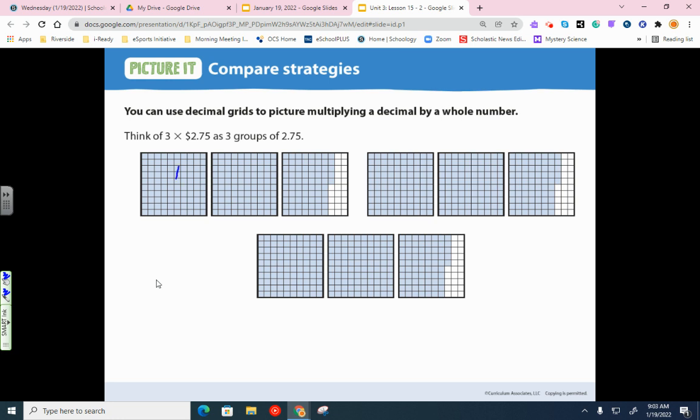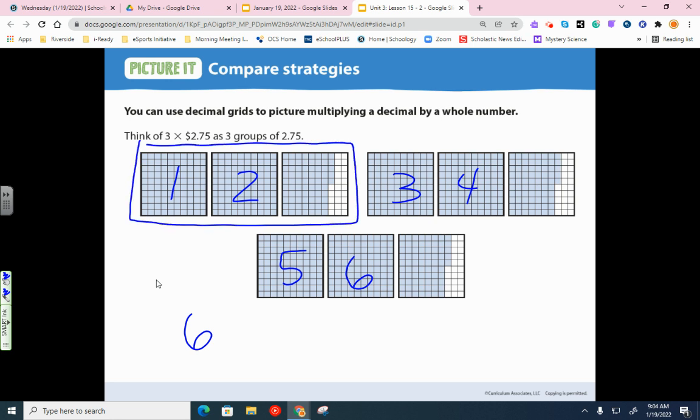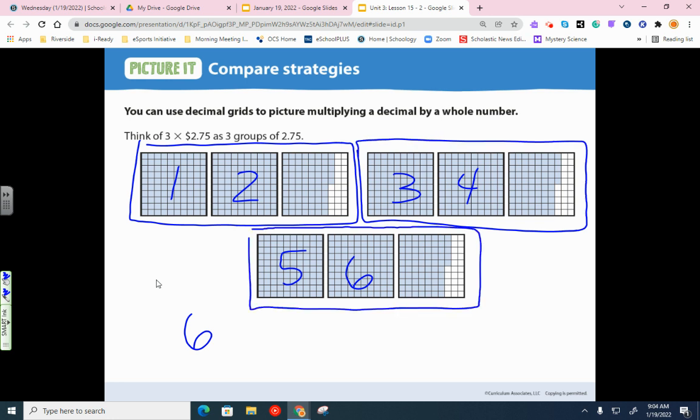And right now we have 1, 2, 3, 4, 5, 6 holes. And when we're multiplying, we have 3 groups of 275. Again, this is a way you could do it, but not too practical.